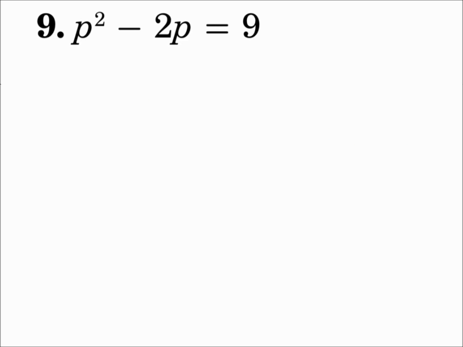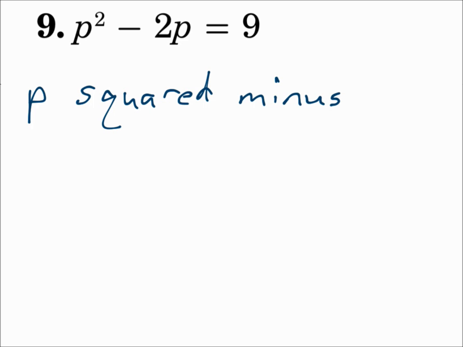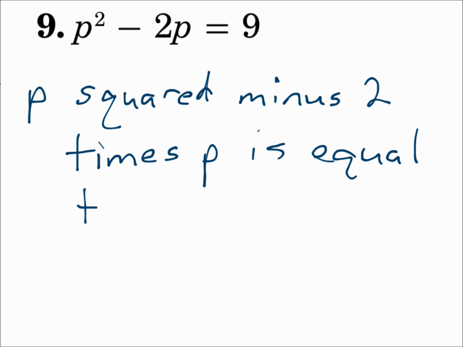For number 9, p squared minus 2p equals 9. P squared is simply p squared, minus 2 times p. Equals is equal to, and 9 is 9.